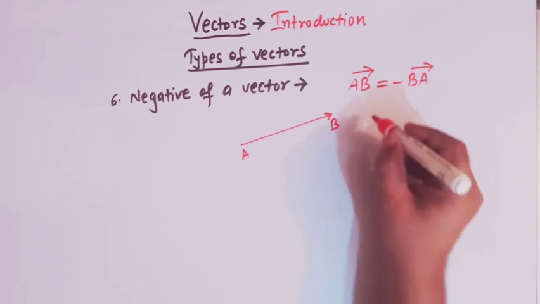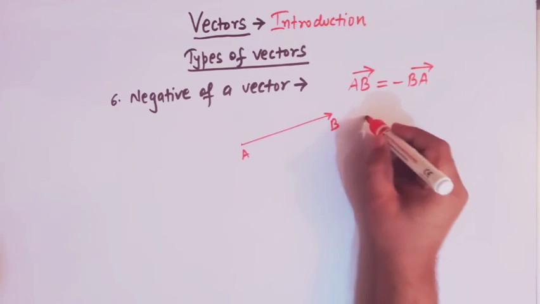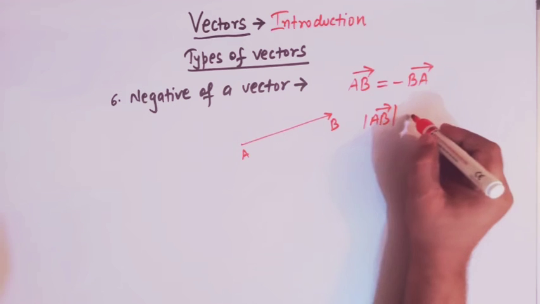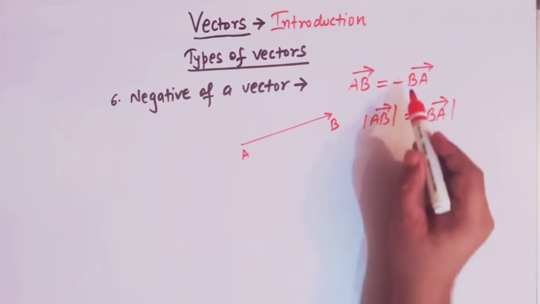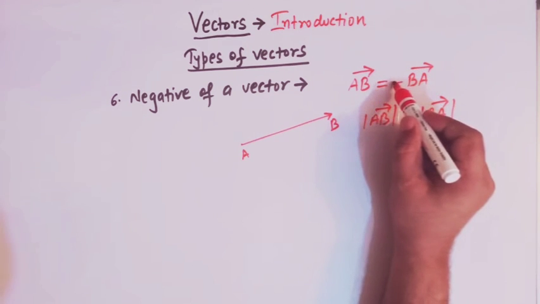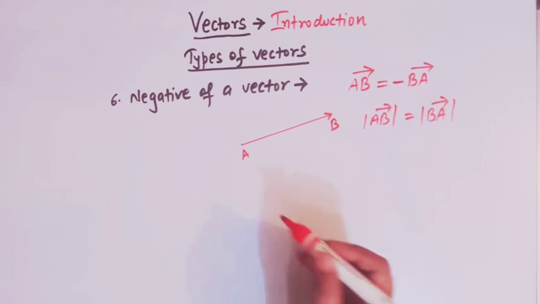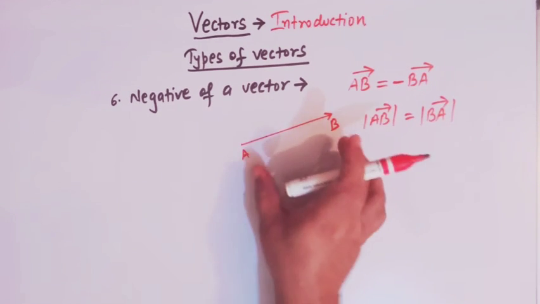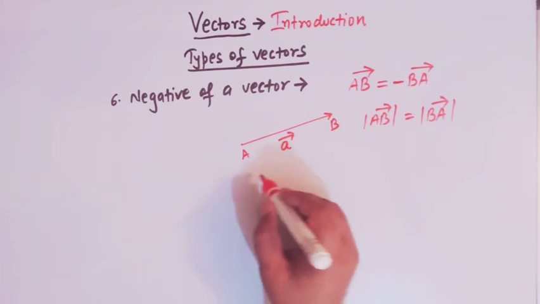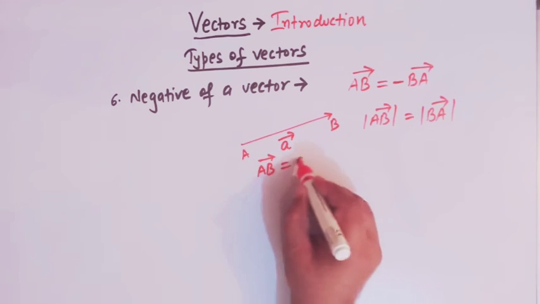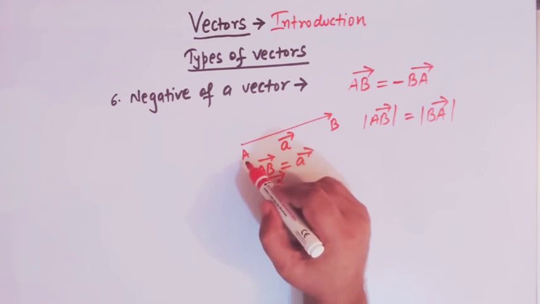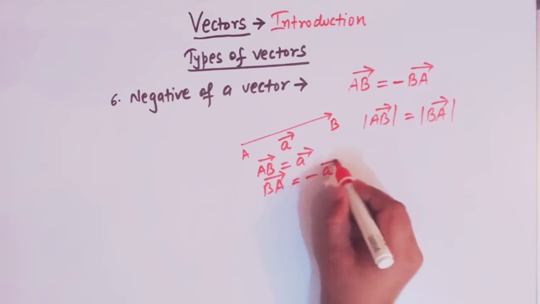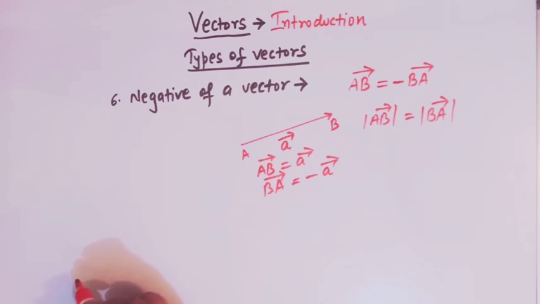The magnitude of vector AB is equal to the magnitude of vector BA, but the directions are opposite, and the opposite direction is shown by this negative sign. For example, if we denote vector AB by vector A, then vector BA, whose direction is from B to A, is written as minus of vector A.